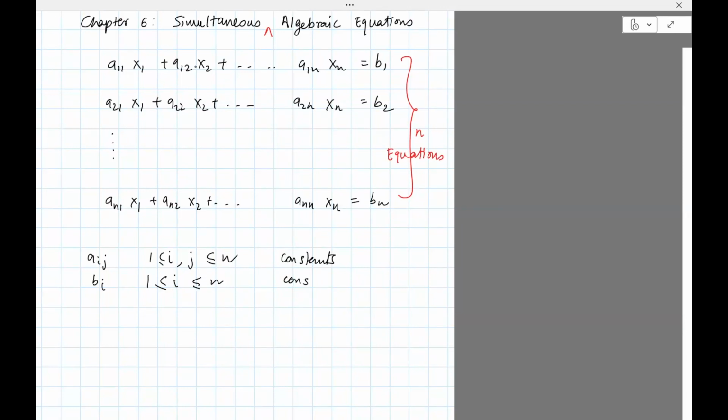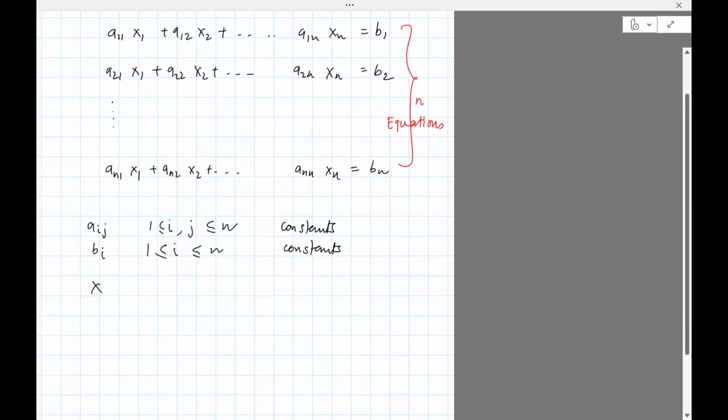These are also constants. And the xi, where i goes from 1 to n, are typically the unknowns, something we need to solve for.